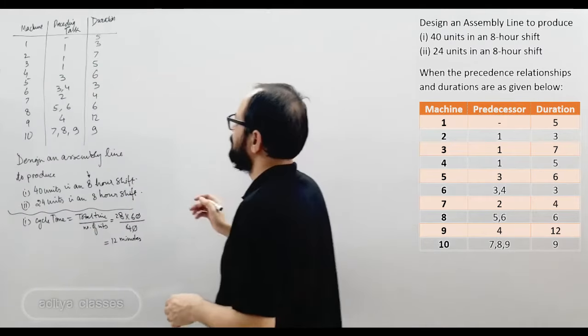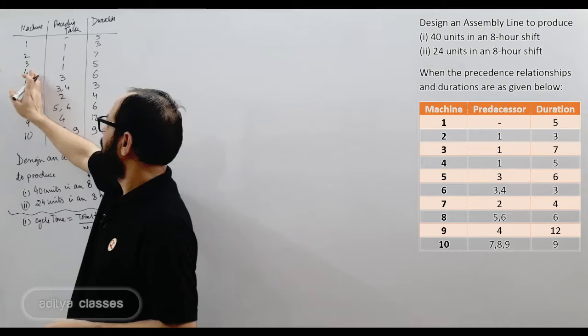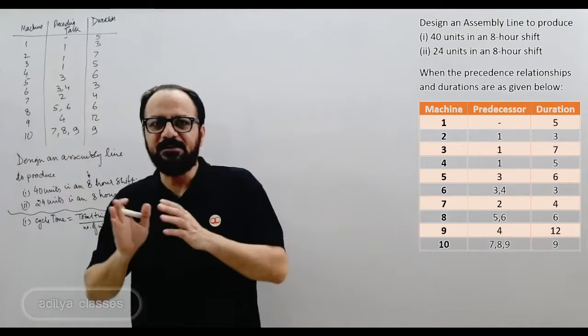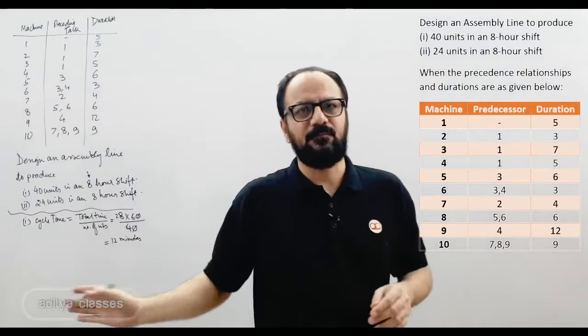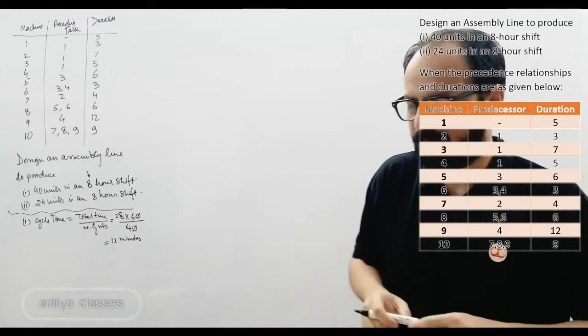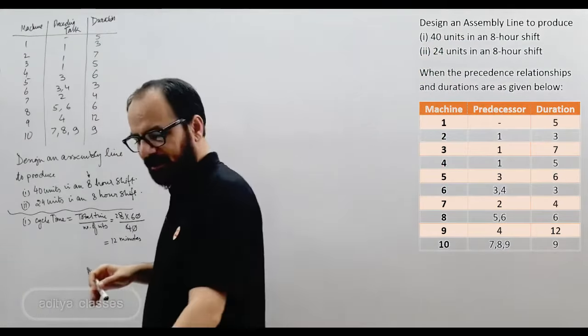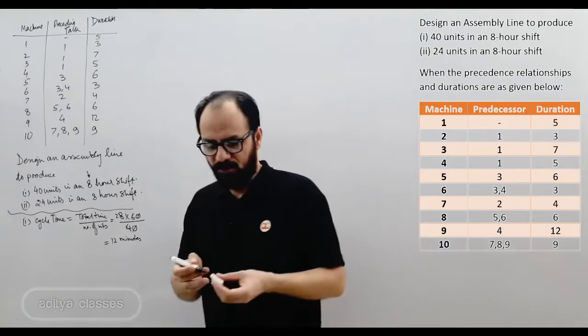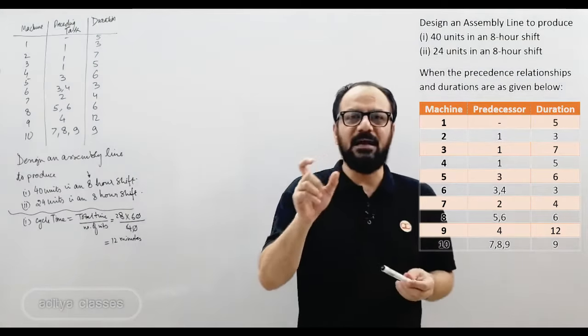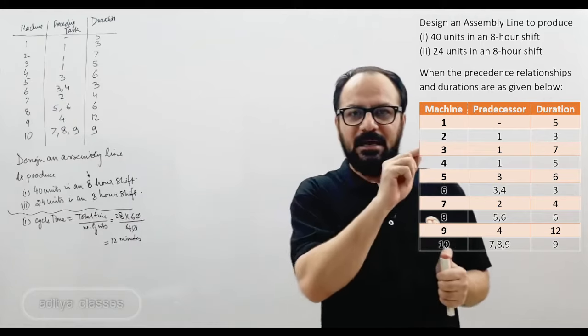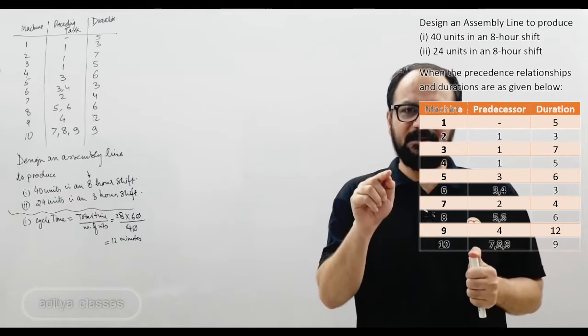Now network of relationships, remember the networks are different in case of PERT CPM and in case of line balancing. The major difference is that in case of PERT CPM, those are activity on arrow. The arrow signifies the time consumption.